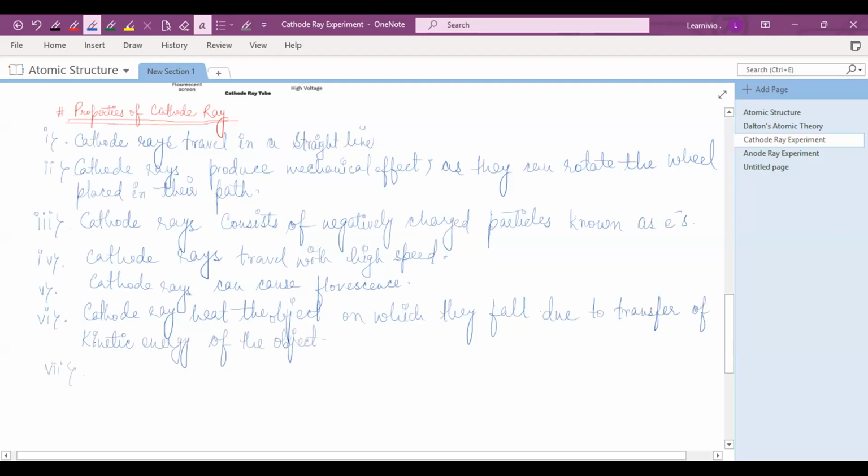Seventh property was that when cathode rays fall on solids such as copper, X-rays are produced. So whenever cathode rays fall on solids, they produce X-rays. And write down.